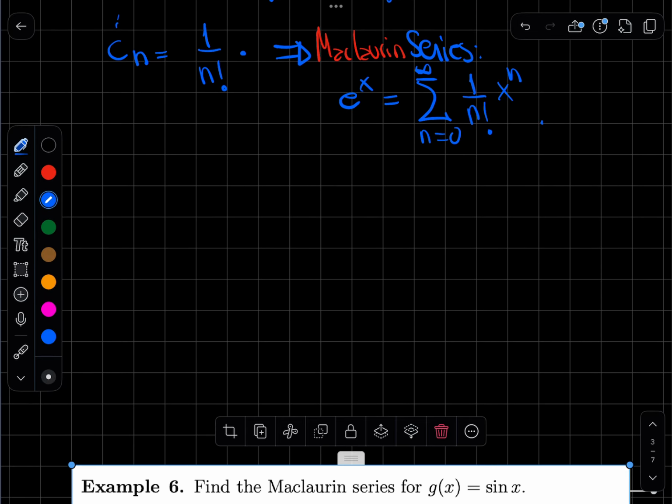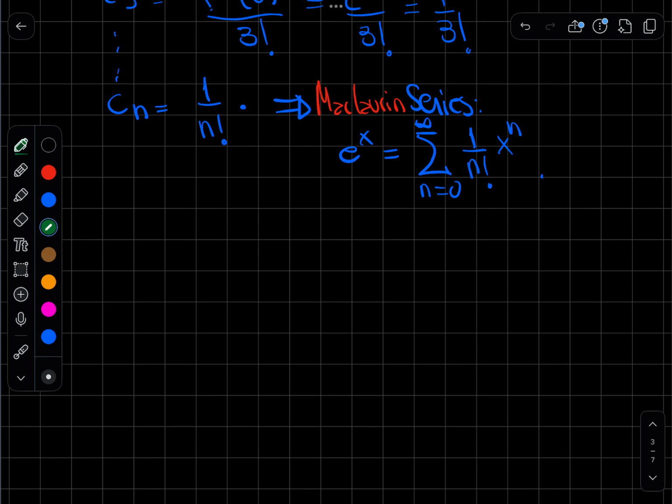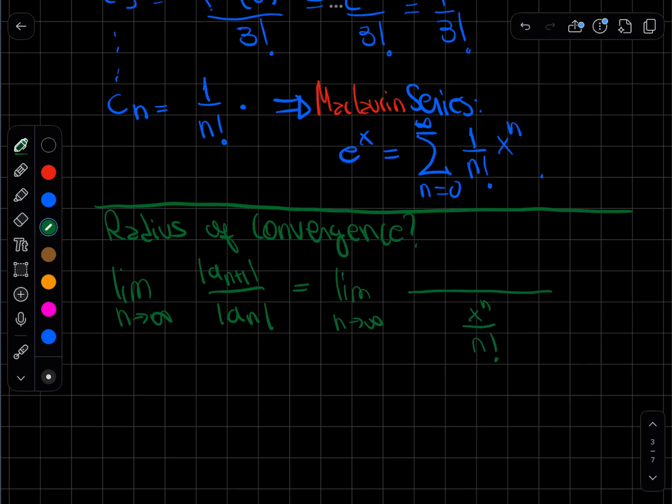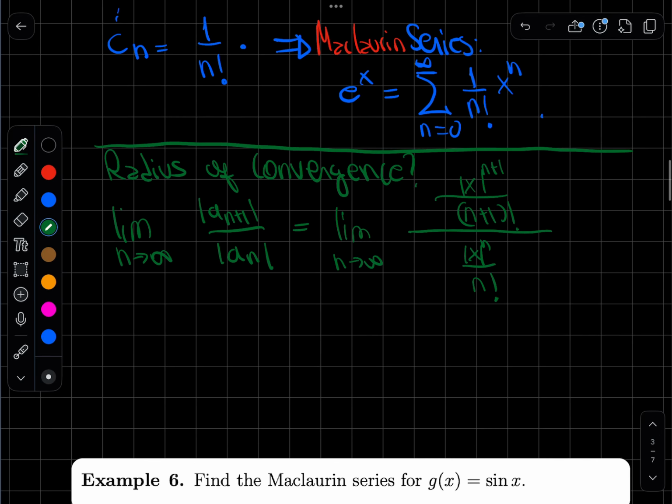The next example is kind of haunting me, but I want to solve for the radius of convergence of this. The problem didn't ask me for it, but I'll do the ratio test. And I'll end up with absolute values like this.